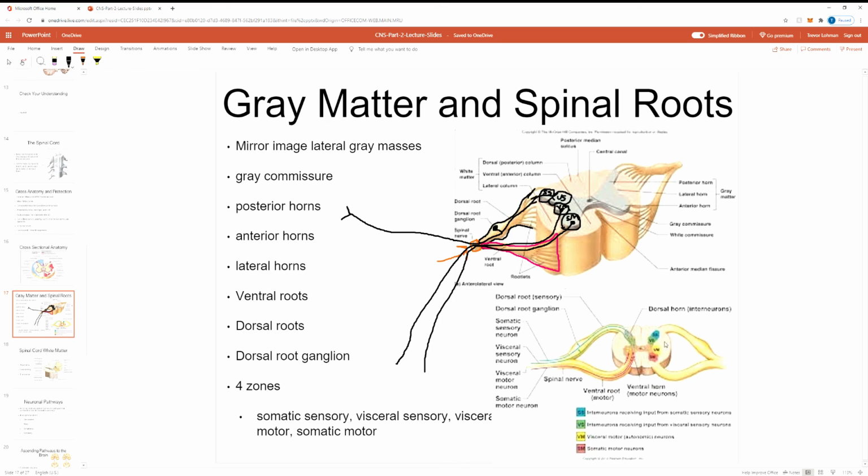That's all outlined in this picture right here. And they do a good job too of showing you the axons leaving anteriorly, entering posteriorly. That's the flow. Motor information leaves from the lateral and ventral horns out the ventral root. Sensory information goes dorsally. It goes through the dorsal root into the dorsal horn.